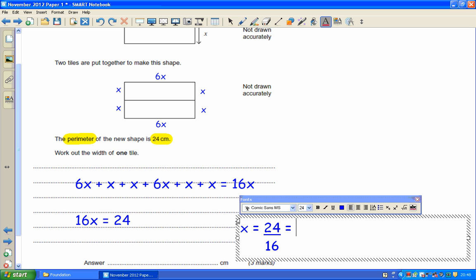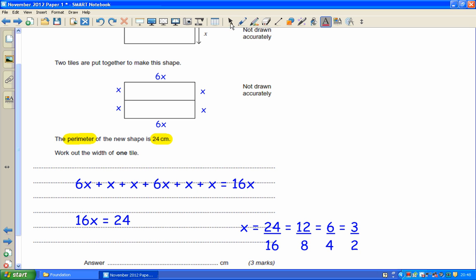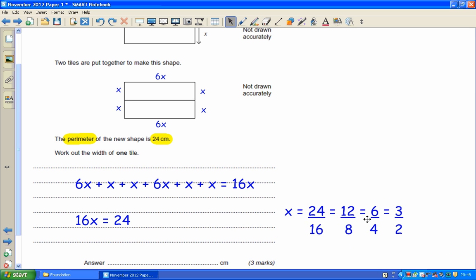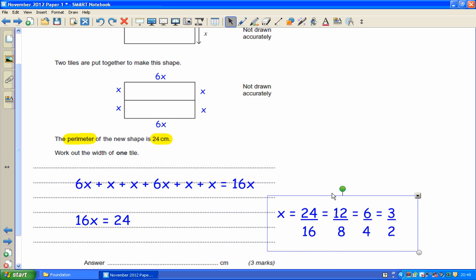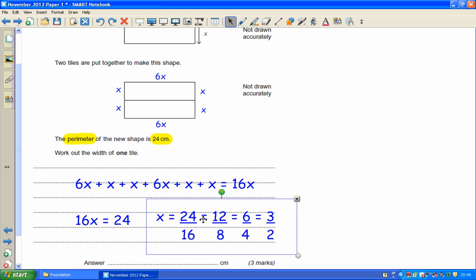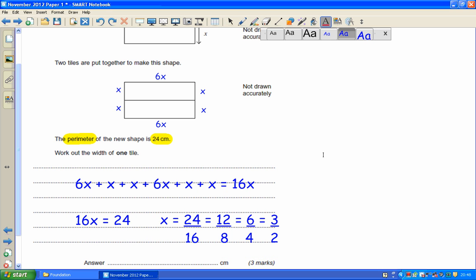Personally, I'd simplify that fraction first, so I'd make that 12 over 8, which we can simplify again as being 6 over 4, which we can simplify again as being 3 over 2. Now that's a lot easier, because 3 over 2 is 3 divided by 2, which is equal to 1.5. So I now know that x is equal to 1.5.